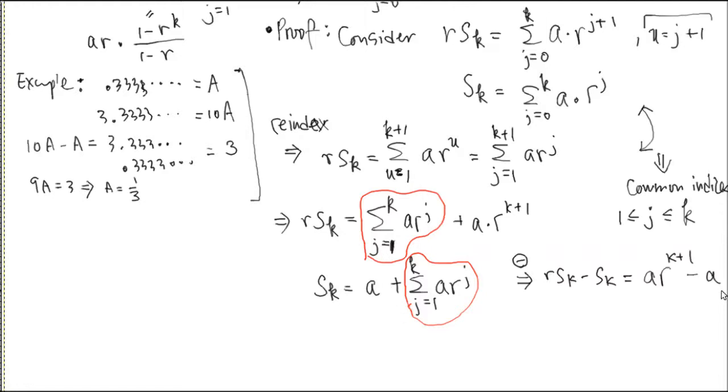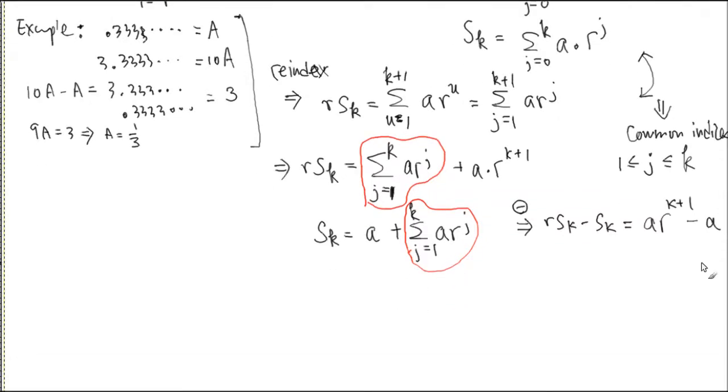So sigma is gone, and if you isolate for sk, that's a better proof than leaving that synthetic division pattern as an intuitive part. So it's r minus 1 times sk, and that's a factored out, r to the k plus 1 minus 1. So if you isolate sk, it's r to the k plus 1 minus 1 over r minus 1.